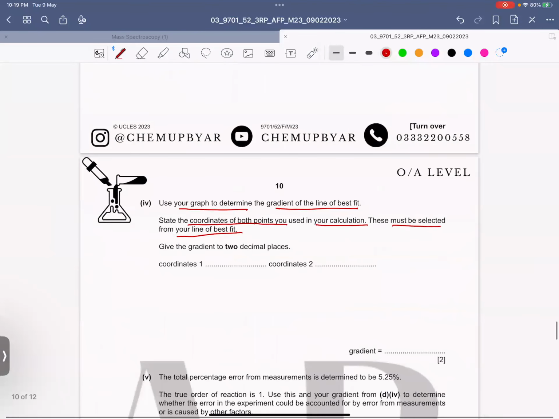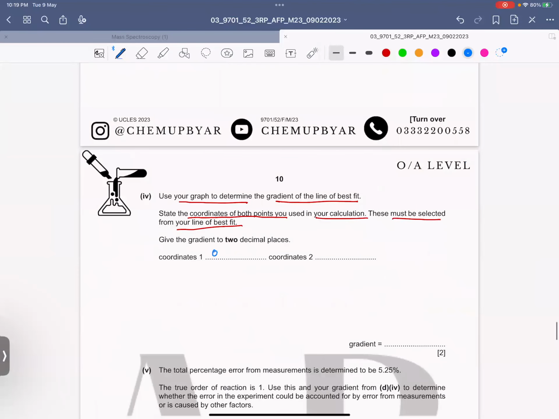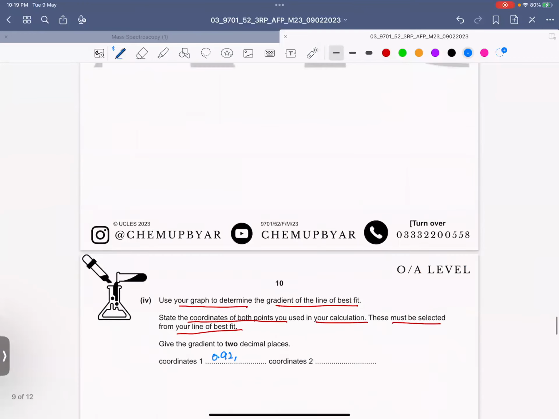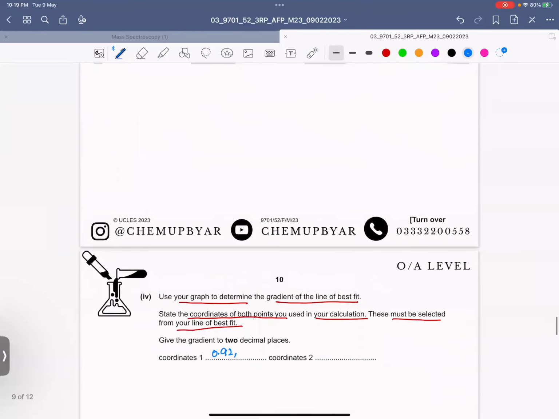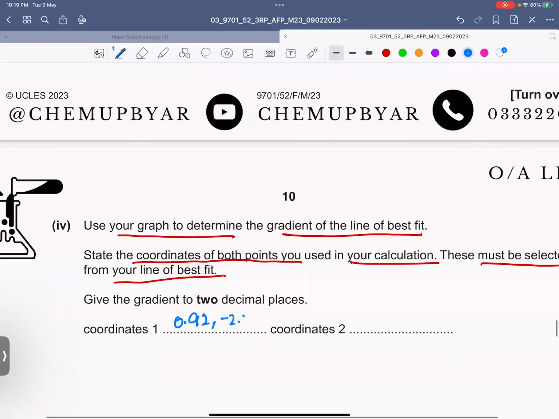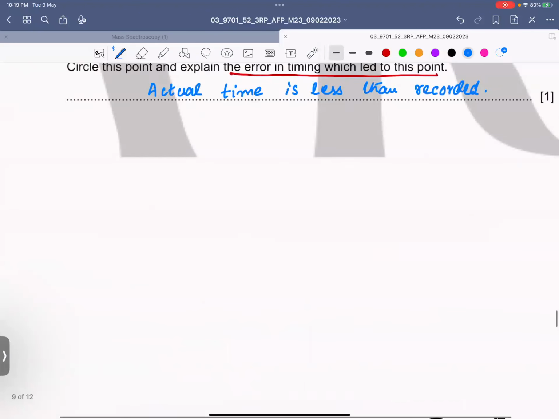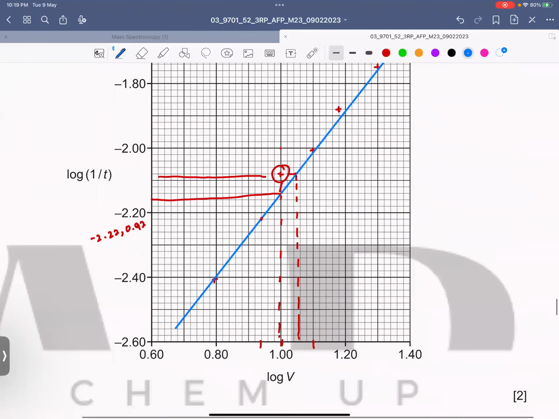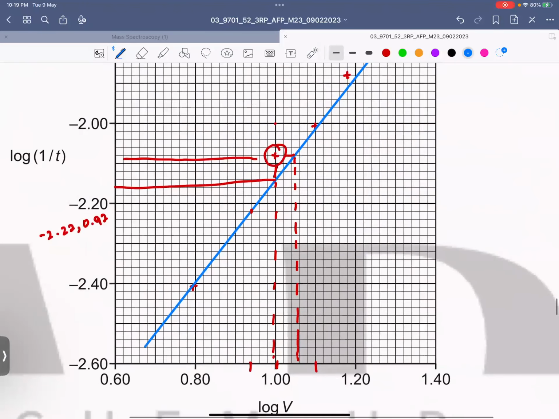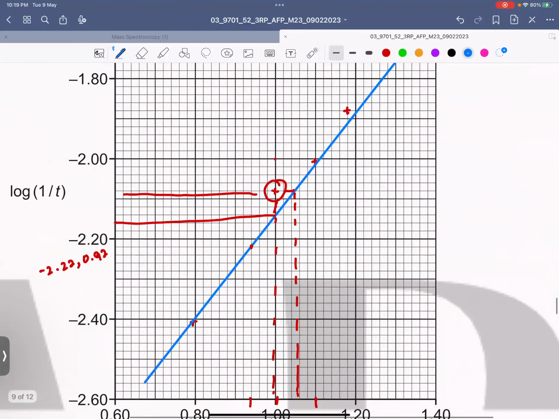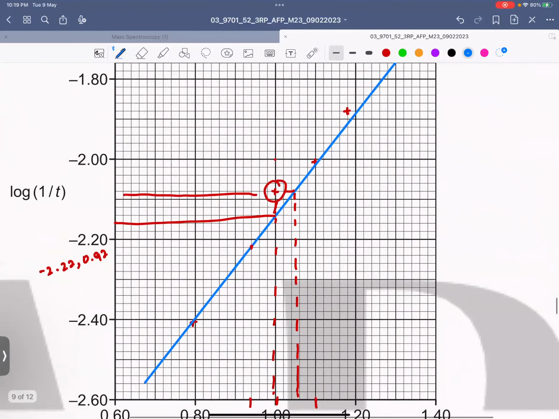So 0.92 and minus 2.22. Now, the next point can be this one.